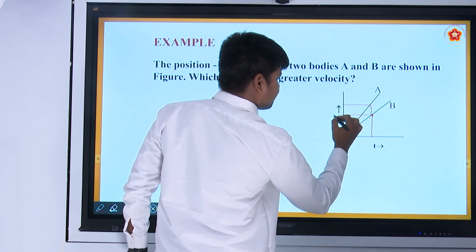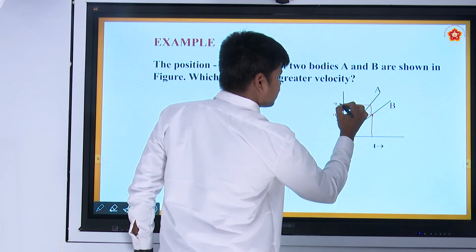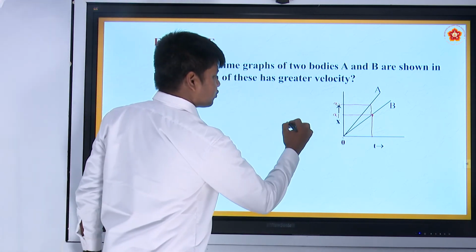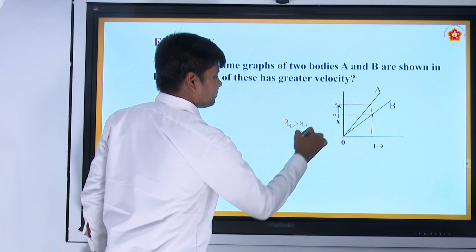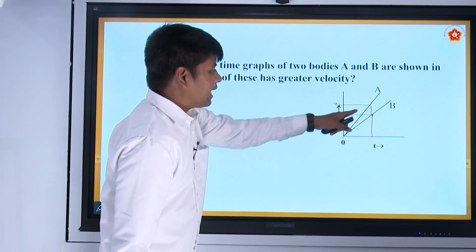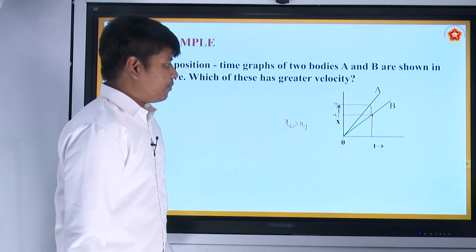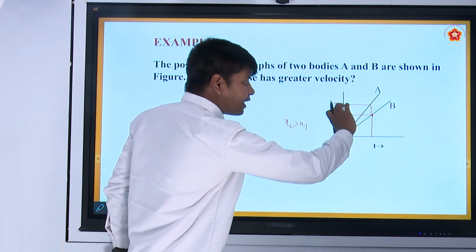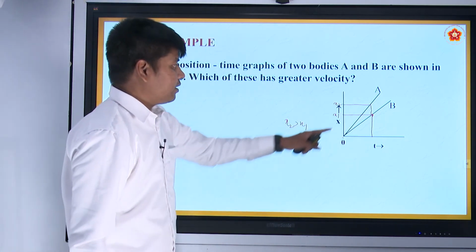This. Let us suppose this is x1, this is x2. Which is more? Of course x2 is more. x2 is greater than x1, which means the velocity of A is more, because for the same increment of time, you have more change in position for A.